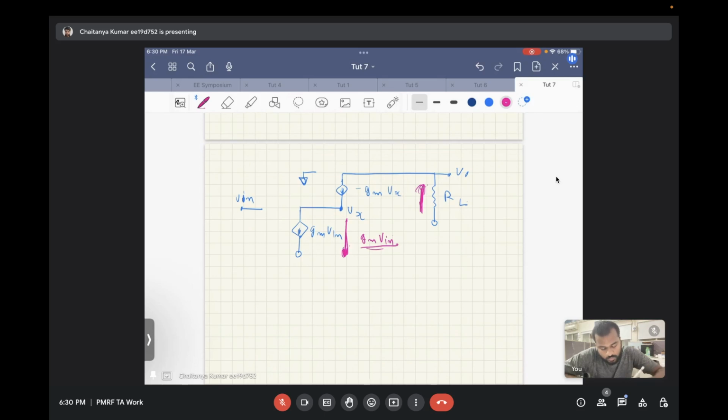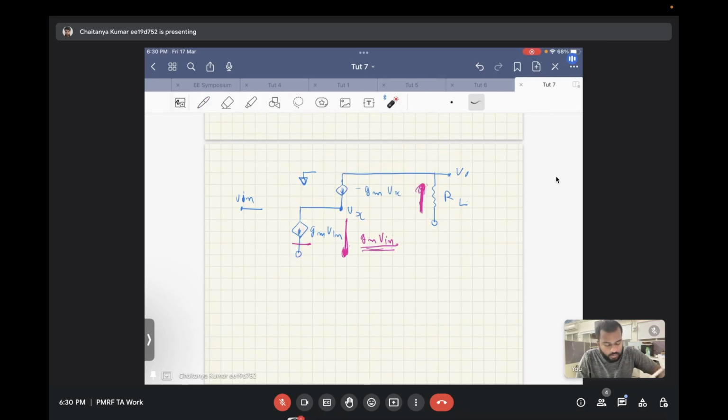If Gm times Vin is the current flowing through this voltage controlled current source, what will be the current flowing through RL? The current flowing through RL will be the same as Gm times Vin. Why? Because the current has no other path to flow.